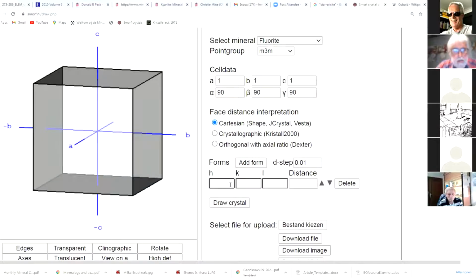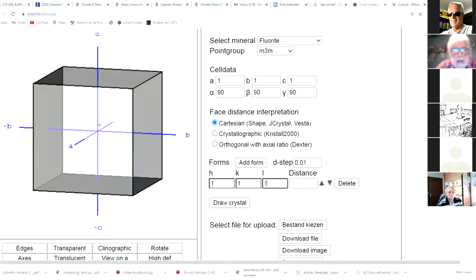So instead of the 100 form, which was the cube, let's see what we get if we take the 111 form. So the 111 form, you can translate it by saying a 111 face will cut off the same distance on the A axis, on the B axis, and on the C axis.